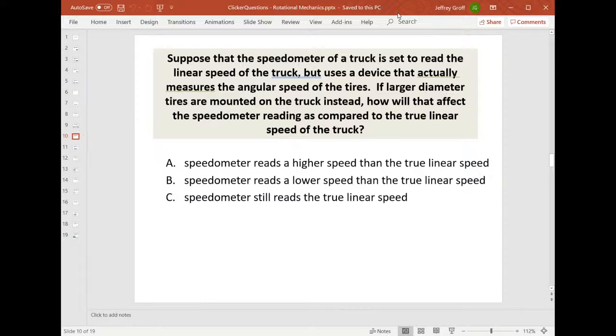The engine is lots of parts that move, and lots of those parts are rotating. So this device actually measures angular speed of the tires. And then you switch out your tires on your truck for larger tires. How's that going to affect your speedometer readings? What's that going to do?